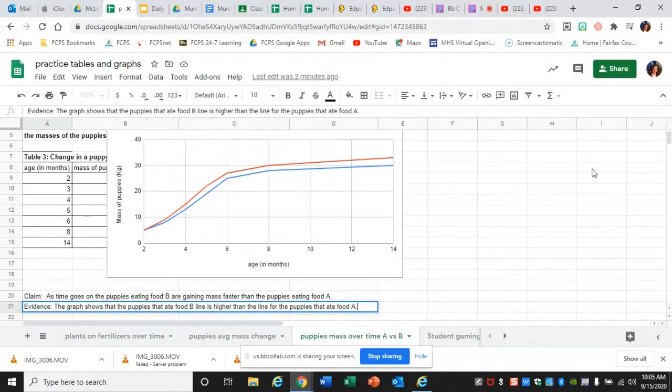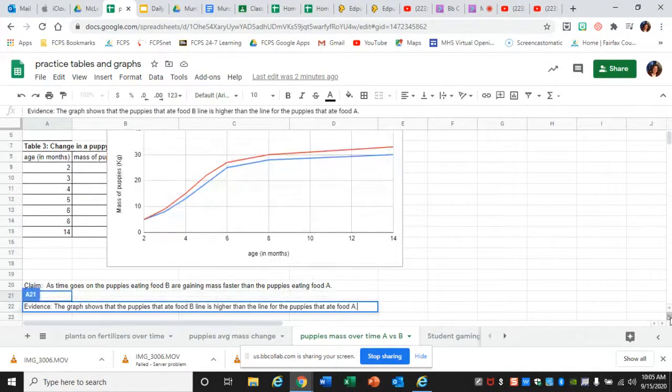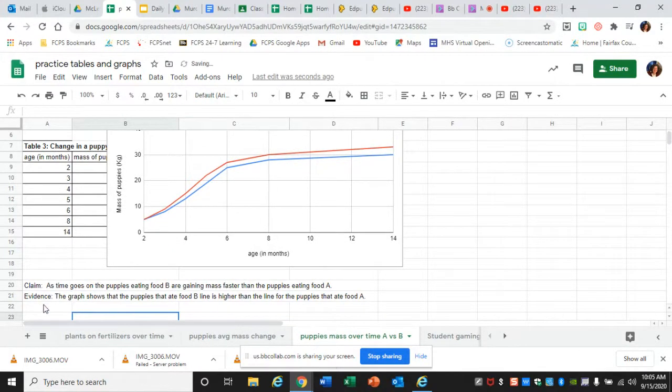So if I were going to be quantitative, down a little bit, down here, and I'm just going to continue the evidence. For example, at the 10th month, or maybe the 14th month. At the 14th month, the red line, which is the B food line, is 3 kilograms higher than the A food line. So I'm just going to say that.